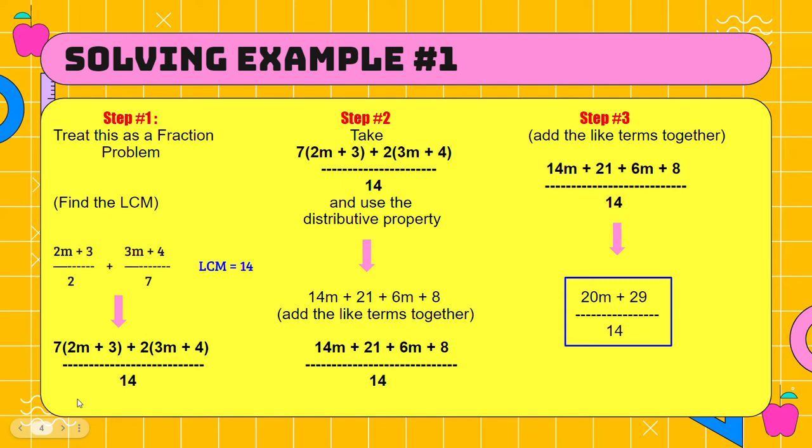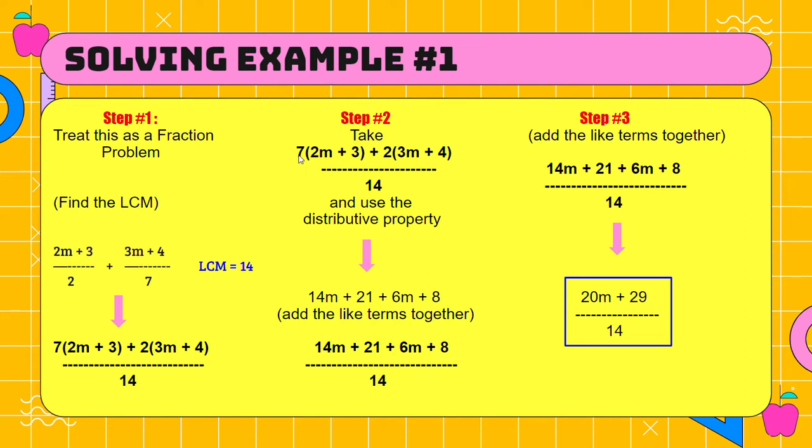And then step 2, you take the problem, I just restated it here, and you use the distributive property. So what that means is you multiply everything in the brackets by the number in front.